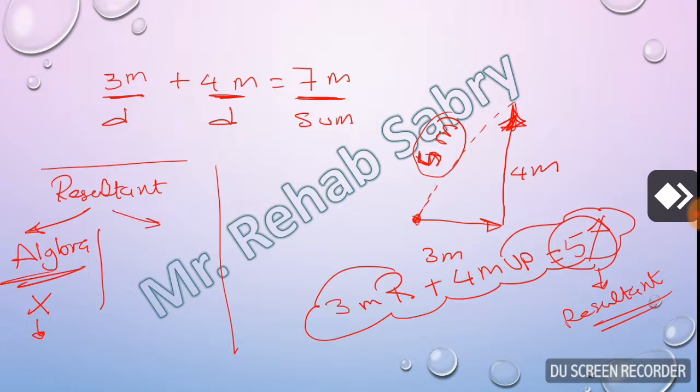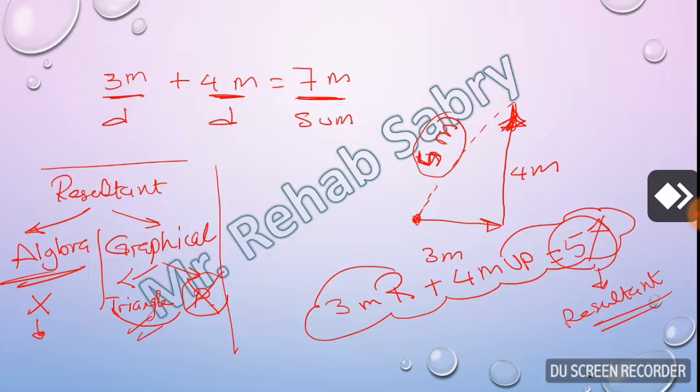But we may use the graphical methods. And the graphical methods in our syllabus are only two. One is called the triangle method, and the other is called the parallelogram method. The parallelogram is also out of our portion this quarter, but the triangle is with us, inshallah.